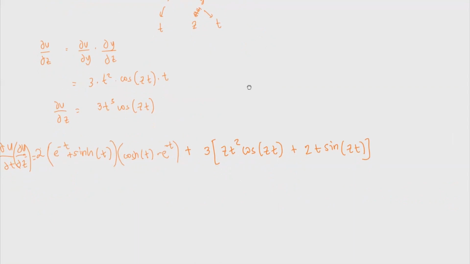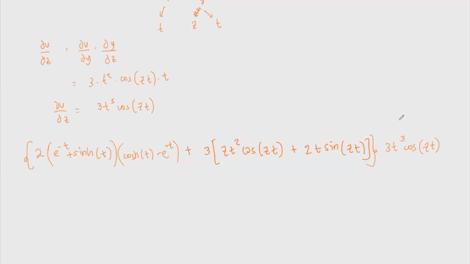So let me just zoom out. So what we have is this whole expression. Let's make this clear. Okay, so what we have is this expression multiplied with this 3t cubed cosine of zt.